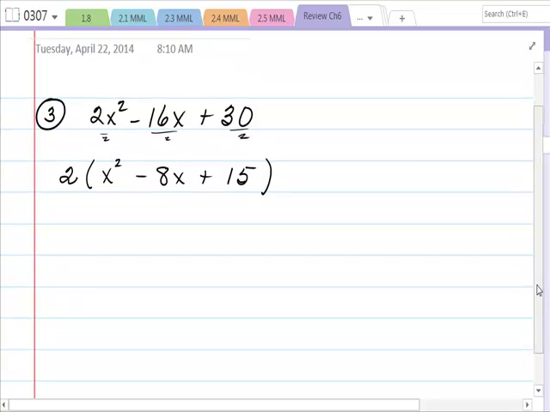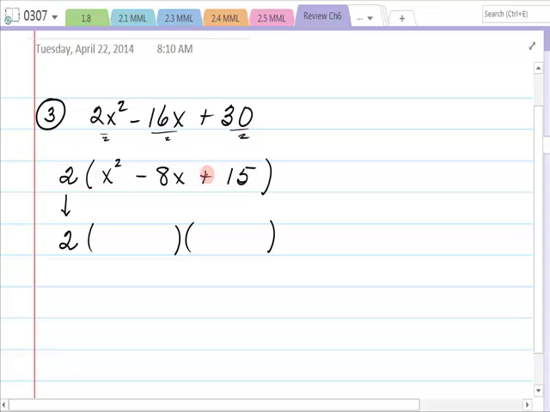Now, that may be all I can do, but look at the trinomial factor. Does that look like something that we've worked on? Yes, that's the kind of trinomial we factored. It's very important that you keep the 2. And then let's see if we can factor this trinomial by our trial and error.